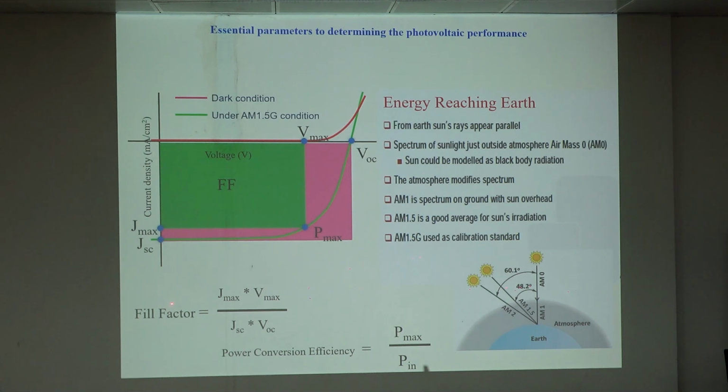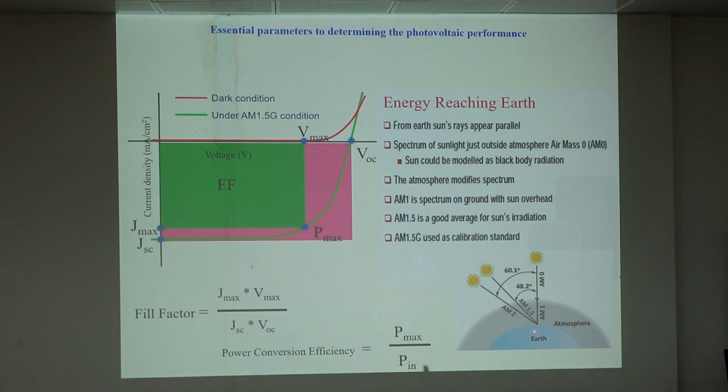Once you know the fill factor, we can calculate the efficiency, that is P max by P incident. So for incident light we always use one sun, so one sun may be air mass 0, we can talk about AM0, AM1, AM1.5. Generally silicon solar cells give 44% efficiency only in space, where there will be AM0, air mass ratio will be 0, but if you reach the earth, it may be either AM1 or AM1.5 or AM2. Generally solar cells can be put at an angle like this, 48 degrees, we can say 48.2 degrees above.